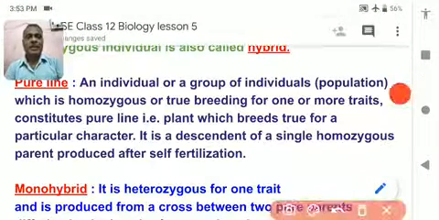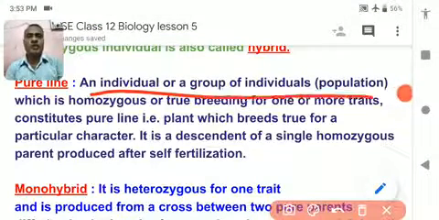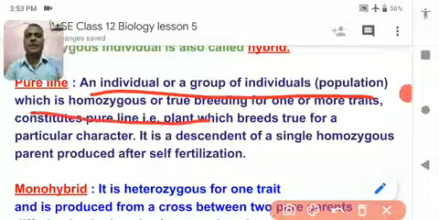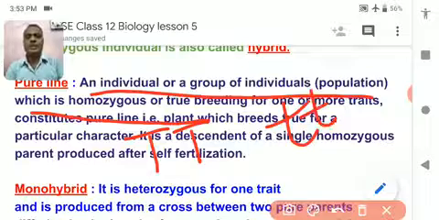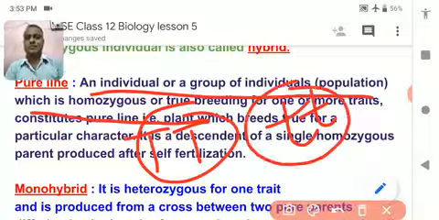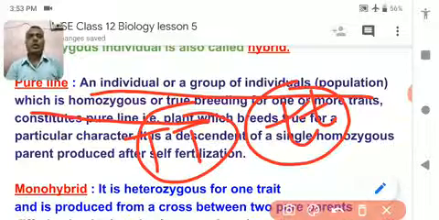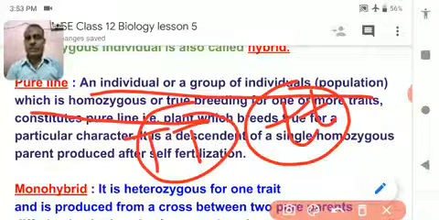Let us see. An individual or a group of individuals in a population which is homozygous or true breed, either capital T or small t, these are the true breed. So all those which contain this type of character are called pure line.